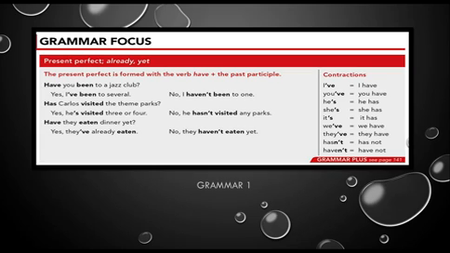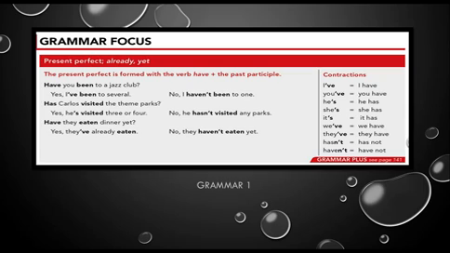In the first column, you have the formula for making a question. The second column is to make a sentence, and the third column is the contraction of the pronoun and the auxiliary.